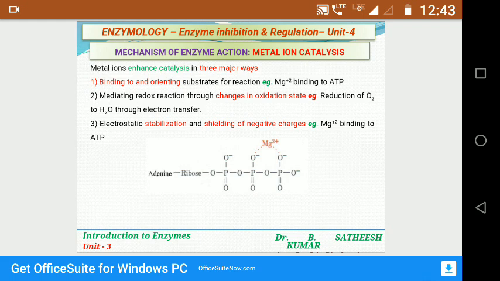These magnesium ions bind the phosphate groups on the ATP and stabilize the ATP. They will shield the negative charge. Therefore, the phosphate group transfer takes place easily. So these are three major ways by which the metal ions participate in the catalytic reaction mechanisms.